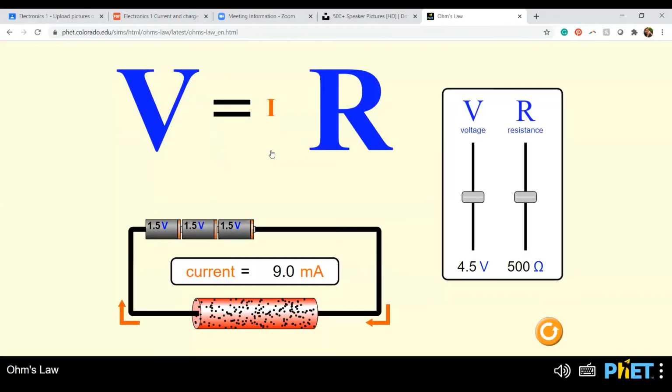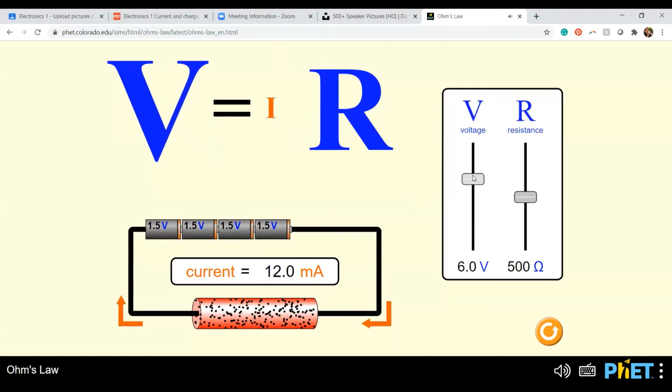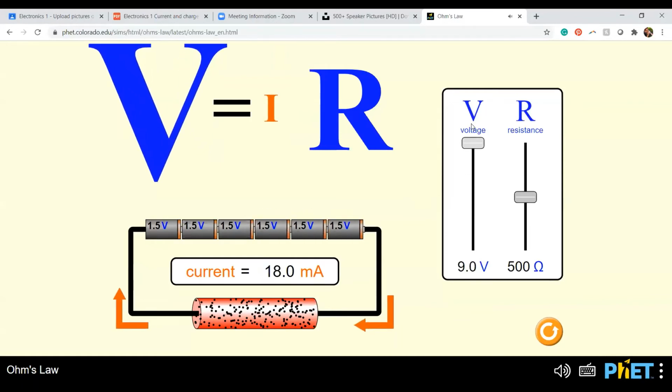This is the same idea. If I want to make sure my current is really, really large, I can do that in two ways. I can increase the voltage. That's one way to make I really large, and that means you're going to get more push through the circuit.